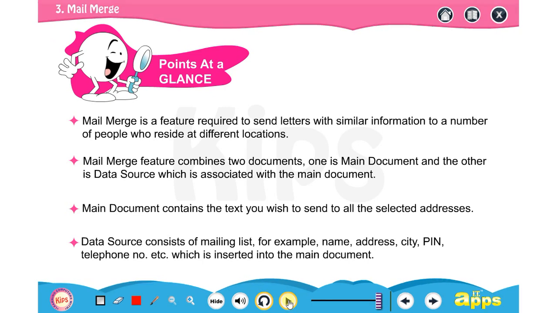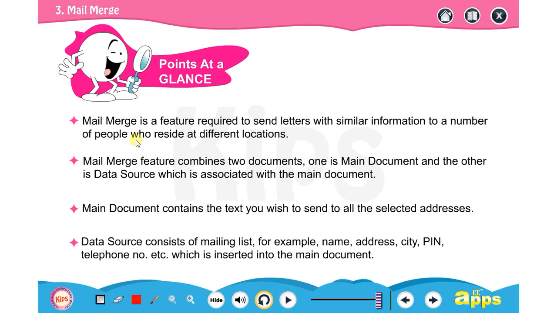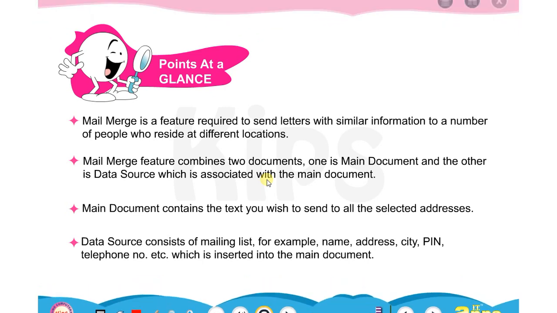So here the points are given at a glance. What is a mail merge? Mail merge is a feature required to send letters with similar information to a number of people who reside at different locations. Second, mail merge feature combines two documents. One is the main document and the other is data source, which is associated with the main document.